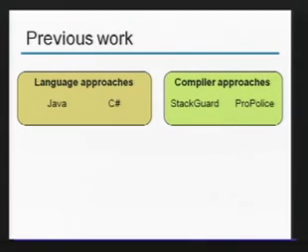Another type of approach is a compiler-based approach, things like StackGuard or ProPolice, and basically with these approaches, the goal is to take one particular memory error and architect the compiler in such a way that it will remove that flaw, or at least find them and prevent them from being exploited. Now the trouble with this is that if you have a new sort of technique or a new type of memory error, well then your results will fall apart, and certain of the techniques that the compilers use to break certain memory errors can be circumvented.